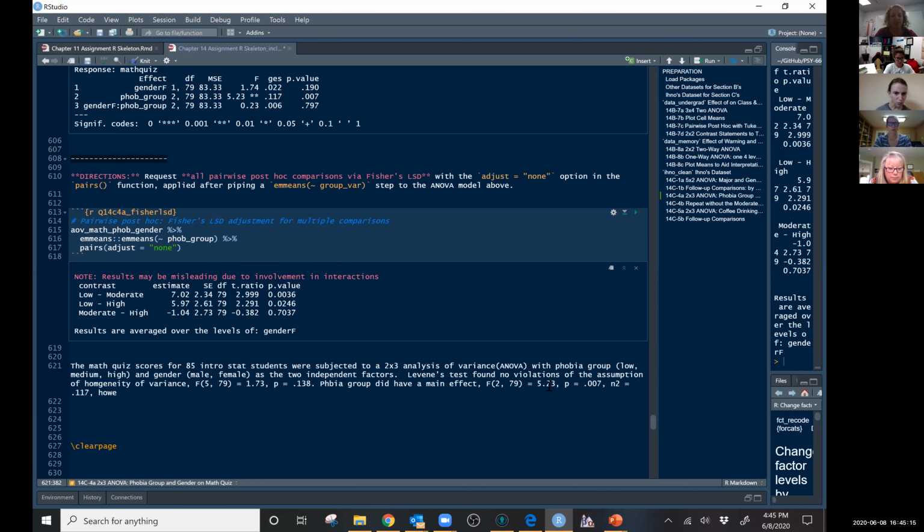However, there was not evidence that gender had a main effect, for gender, 1 in 79.